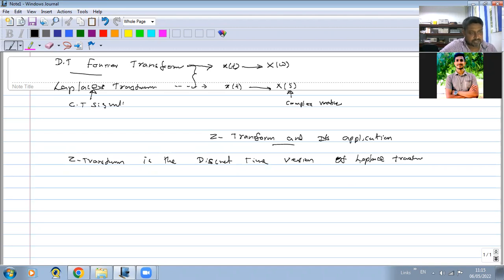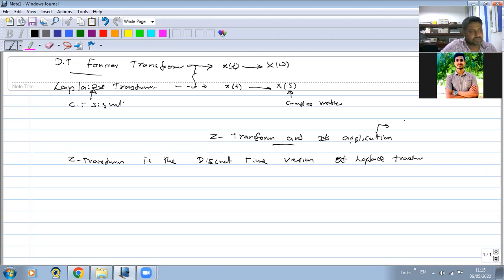There are some equalities as well as some differences also. So we will see gradually what this Z transform is and how we can apply it to study or analyze some systems.